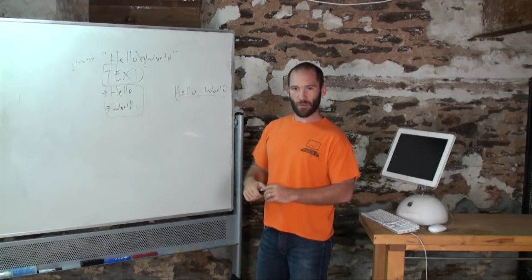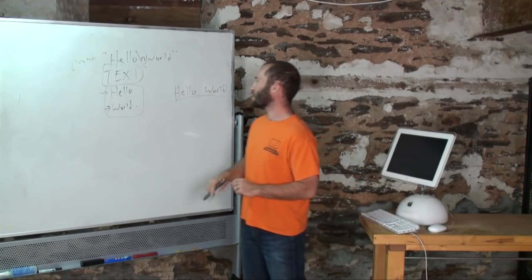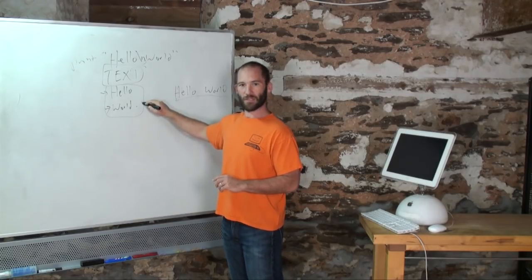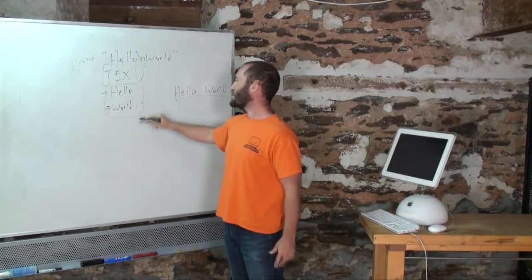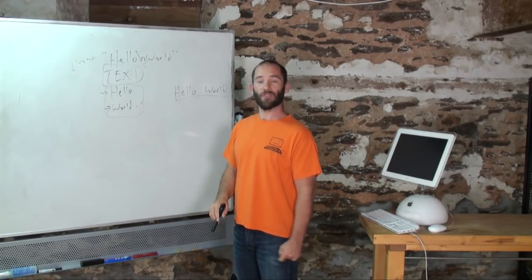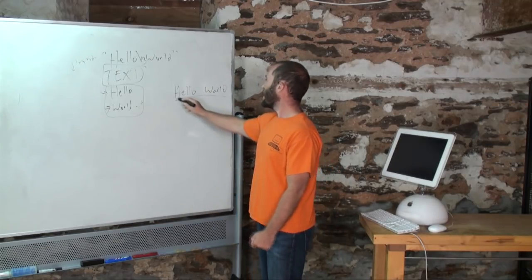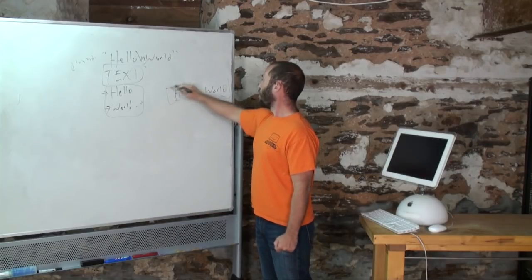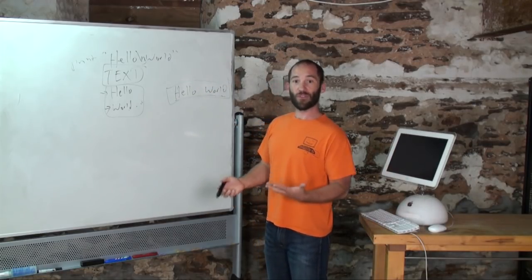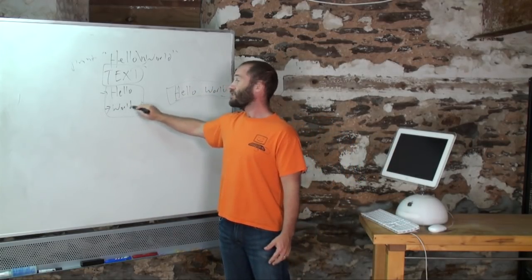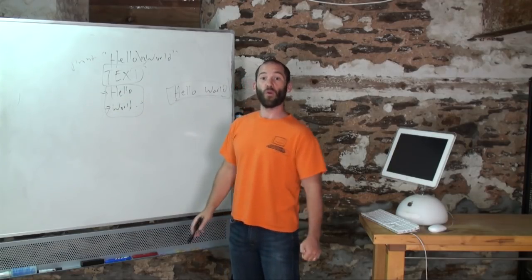I'm going to show you this when we do the demonstration, but if you look at the source code for the web page, it will have hello and world on two different lines. But when you're viewing the web page within the web browser, it will put hello world onto the same line. The reason is because there's no HTML formatting here.